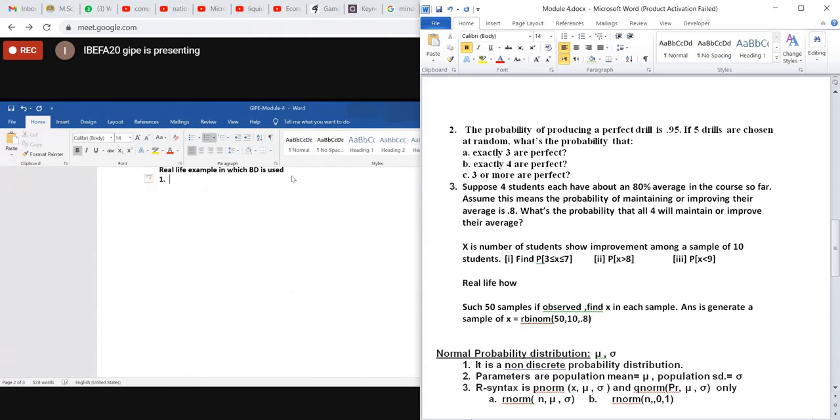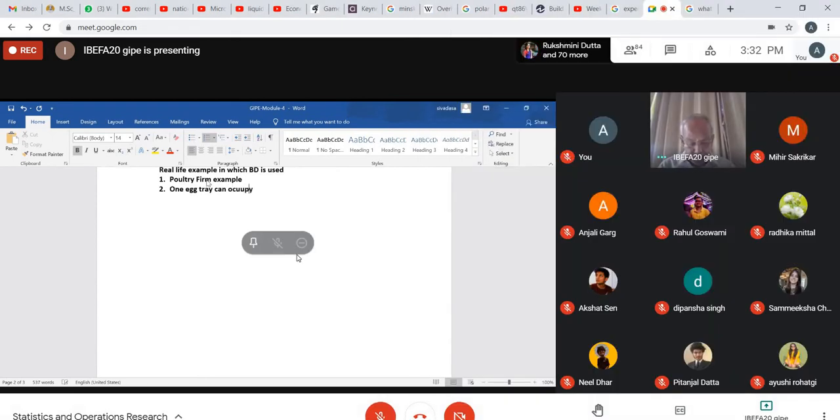One. This is an example for a poultry farm. Anywhere you can use it. 2. One egg tray can occupy 6 eggs.